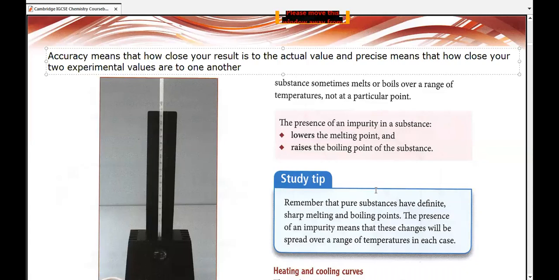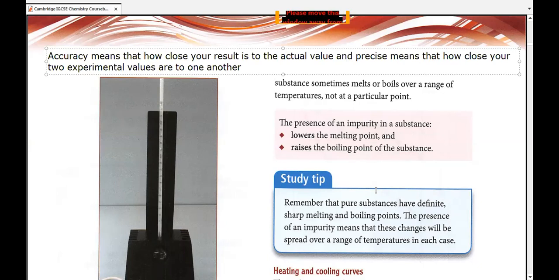So doing the experiment 3 times will also get you to know another factor, which is precision. Precision is a factor in which we consider all experimental values, how close they are to one another. It means if one value is too far away from the other two, only 2 values are precise and 1 is not precise, which means the third experiment in this case, the value of 90 degrees centigrade, is not precise.